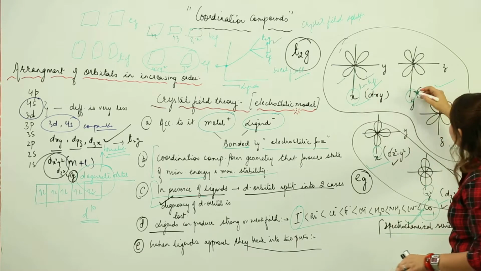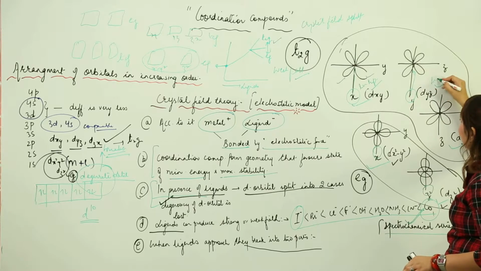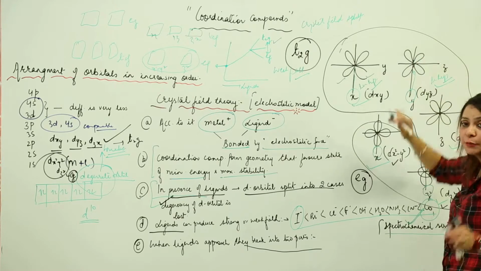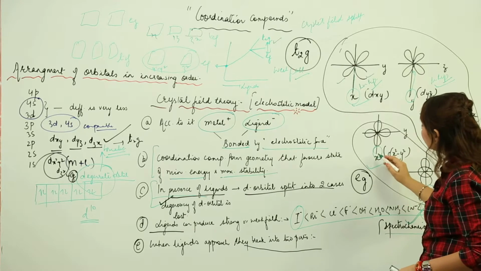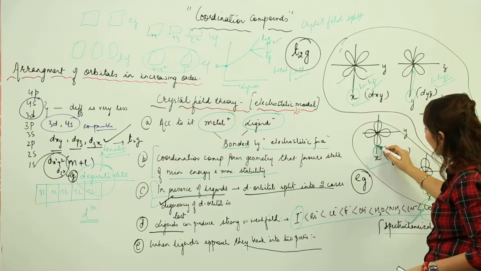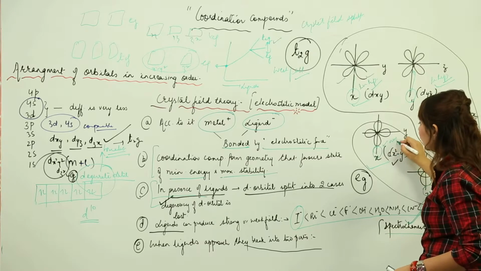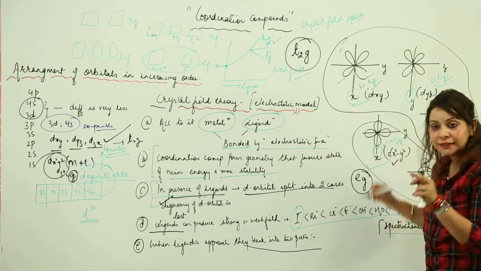Again, if the ligand enters from this side, it will suffer less repulsion because the cloud lies between the y and z axes. Similarly in this case. But if my ligand enters from this side, it will suffer more repulsion because my electron cloud is on the same axis.